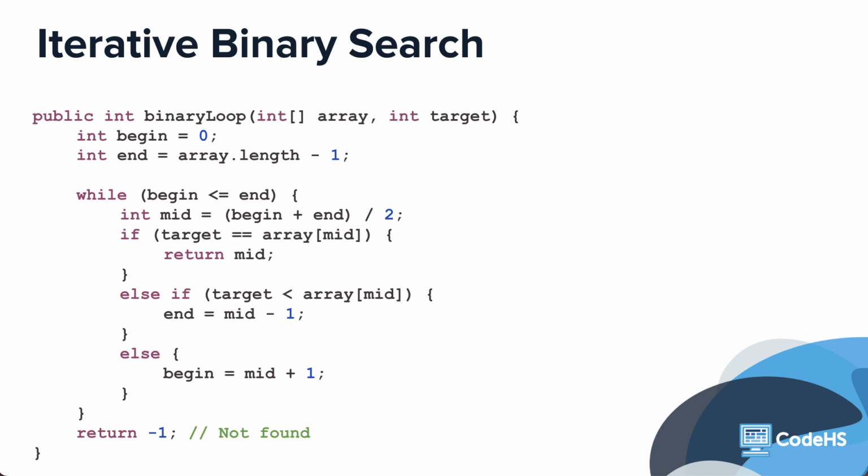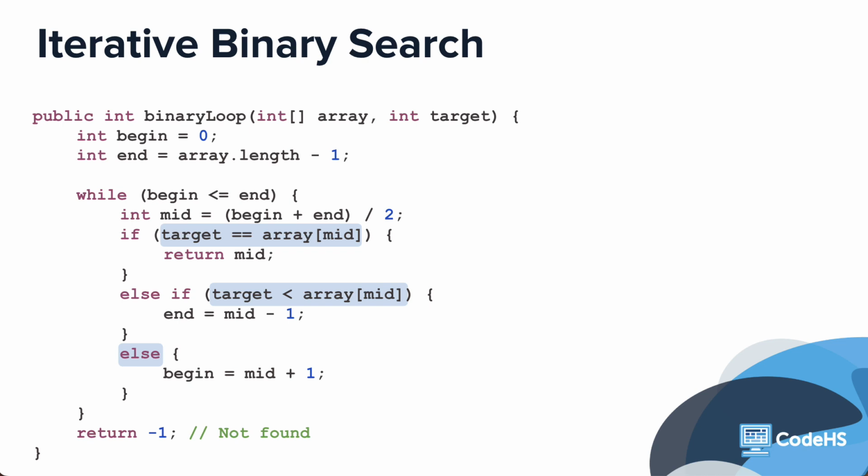Let's take a look at the code needed for an iterative binary search algorithm with a while loop. Imagine this algorithm is part of a method that will either return the index of the found target value or a value of -1. Notice that at the top of the iterative cycle, you calculate the midpoint index, then test its array value before updating the beginning and ending indexes based on the results.